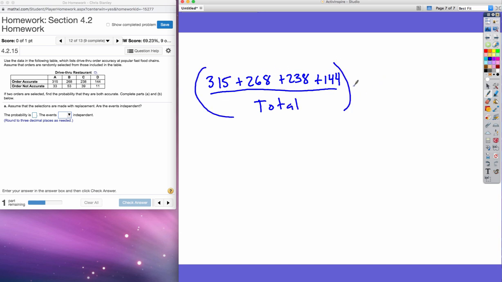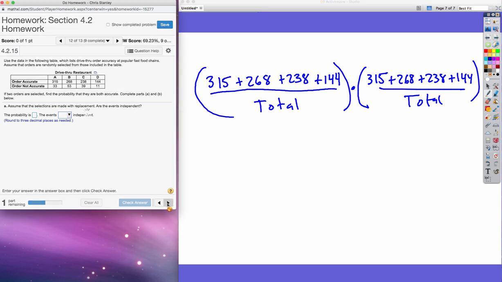Since we put it back, they're both accurate. Assume it's like with replacement, you're going to do the same thing. Since you replaced it, it didn't change. There's still 315 of those, there's 268, there's still 238, there's still 144. And the total is still whatever it was. You take those numbers and multiply.